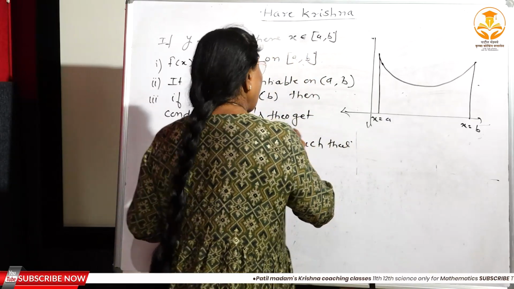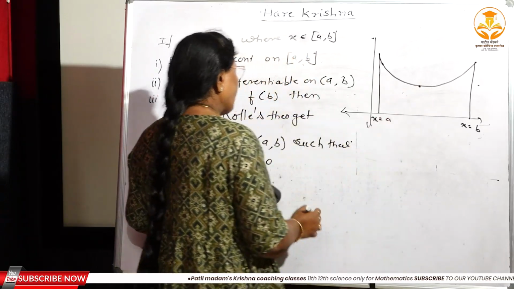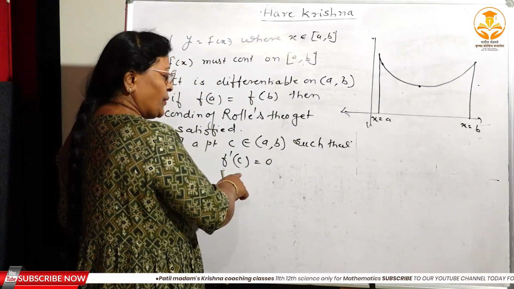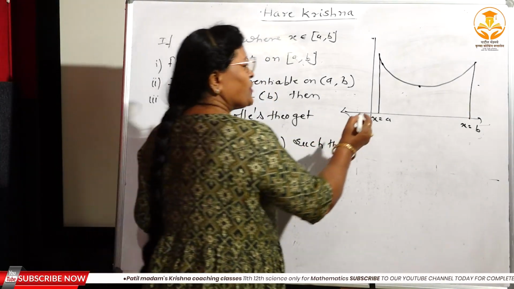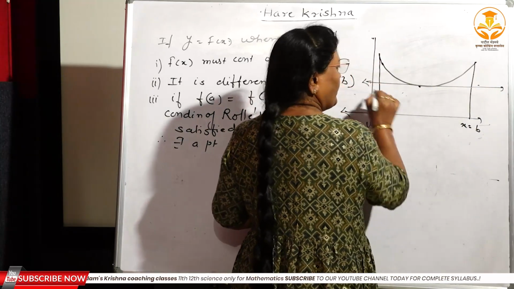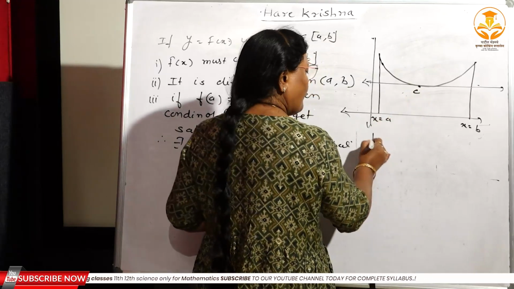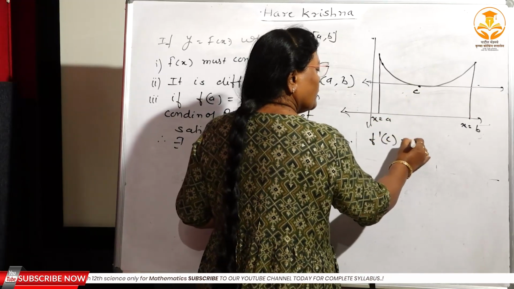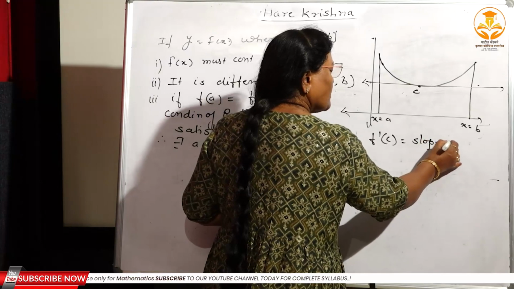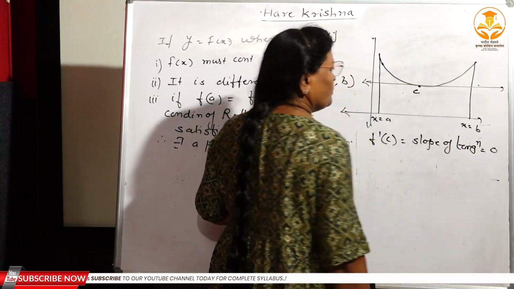There exists a point c in between at which f dash c is equal to 0, isn't it? Therefore, suppose you draw the tangent at this point, then the slope of this tangent at the point c, that is f dash c, is nothing but the slope of a tangent, and the slope of the tangent you have got as 0, isn't it?